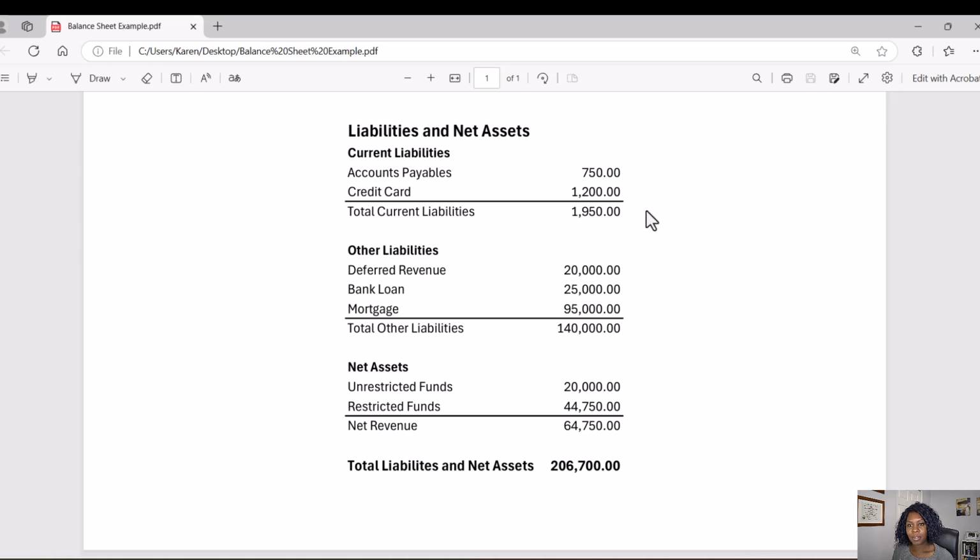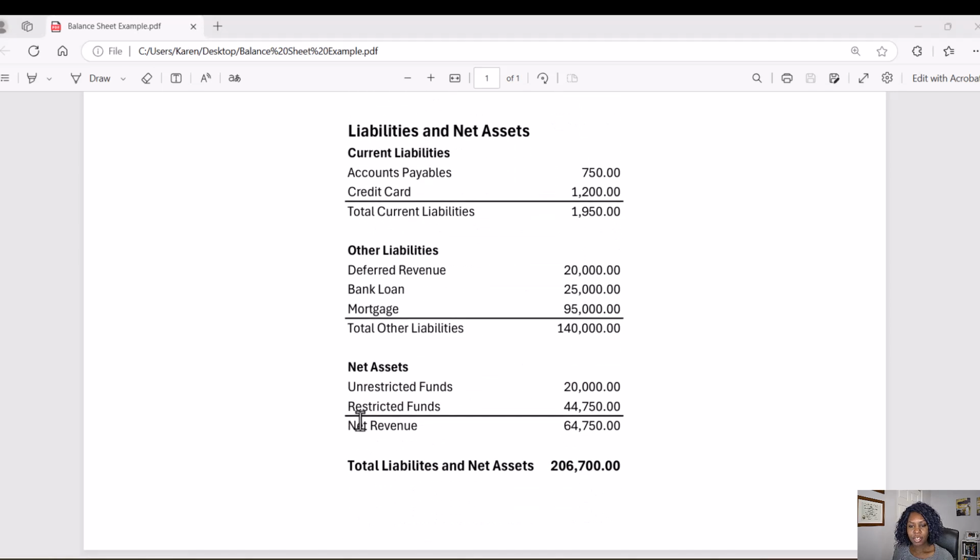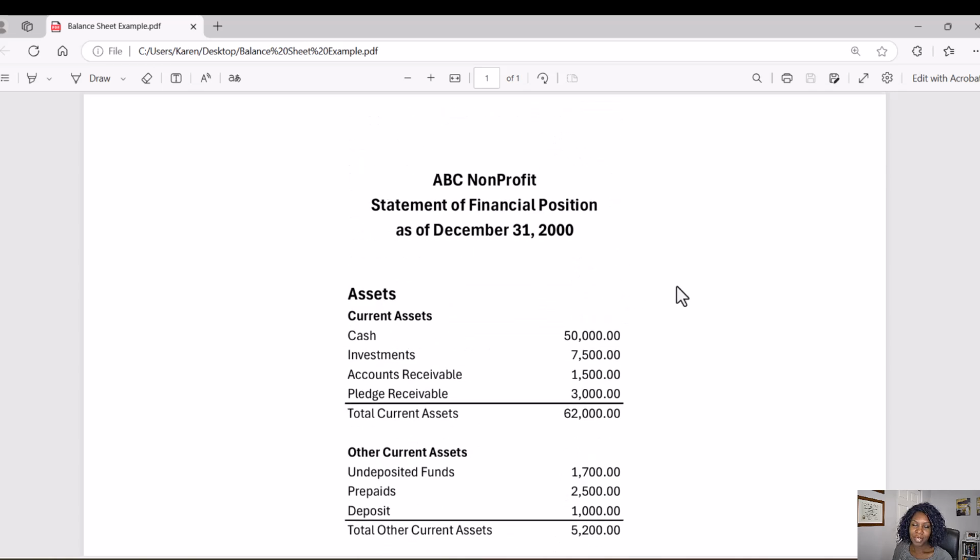And so when you add up your total current liabilities, your total other liabilities, and net revenue, you have your total liabilities and net assets of $206,700. And I actually just realized I put the wrong wording. This should be net assets, not net revenue. So, sorry about that. But it's still net assets. It still belongs in your statement of financial position.